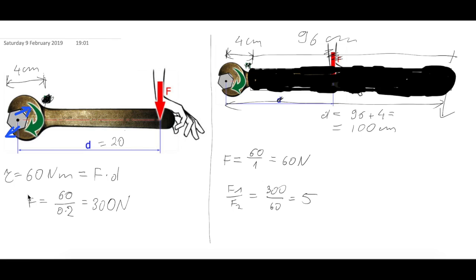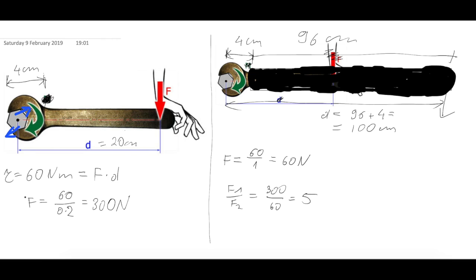But in general, the thing to note here is that the value of 60 Newton meters is the rotating moment that's caused by the force acting at the end of the spanner, which is this force. So that 60 Newton meters will be caused by this force acting at a distance of 20 centimeters.